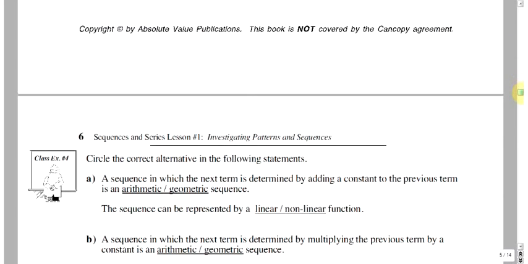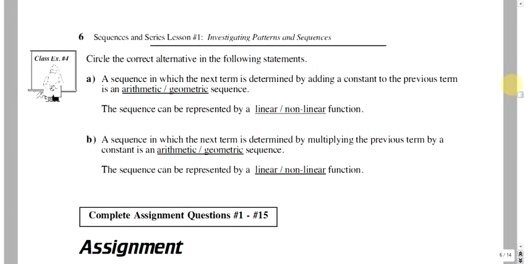So, last thing, a little more English. Circle the correct alternative. A sequence in which the next term is determined by adding a constant is called, is that arithmetic or geometric? Well, flip a page back.